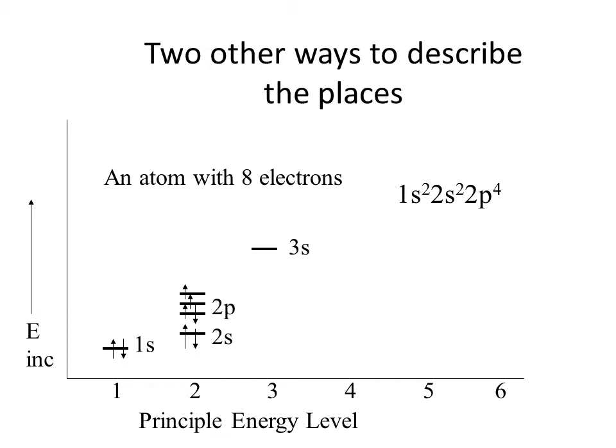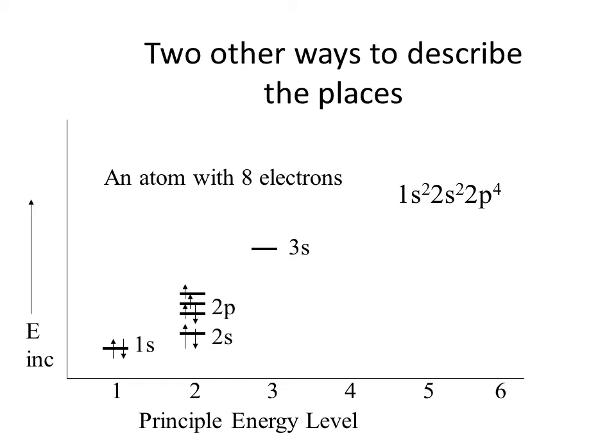So we have another method of describing electronic structure, and that is with what we call our shorthand. If you look up here on the right, you will see I've written 1s with a 2 superscript, 2s with a 2 superscript, and 2p with a 4 superscript. The 1s is the sublevel, and the 2 indicates how many electrons are in that, which you can see there are 2 electrons in 1s.